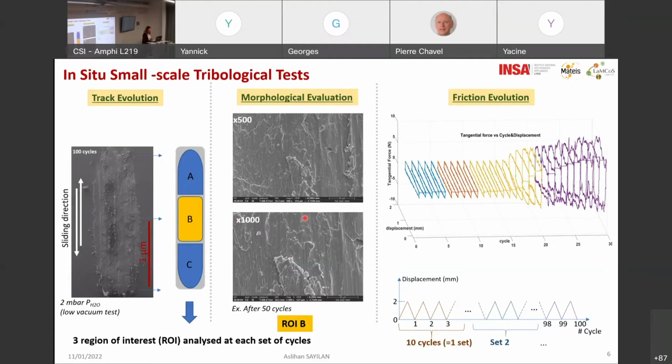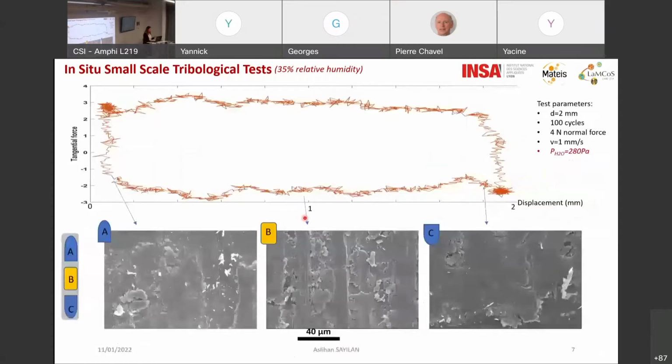In order to analyze the morphology, by using these images, we try to do the surface texture analysis. For these 3 different zones that we analyzed, we recorded the coordinates along a 2 millimeter wear track: the starting point, the region of interest A, the center as B, and the finishing point of the contact C. We have seen that the surface texture of the wear track is changing.